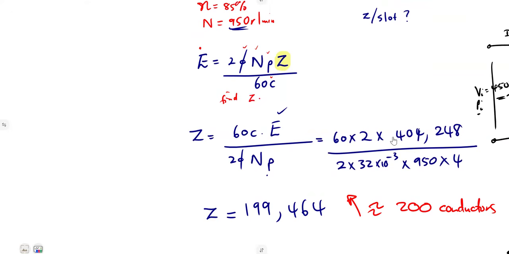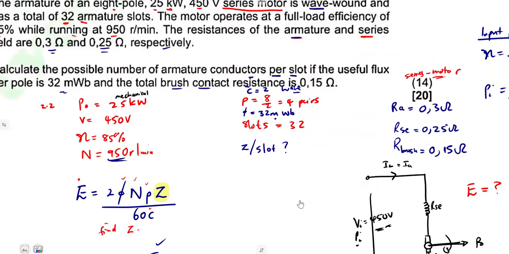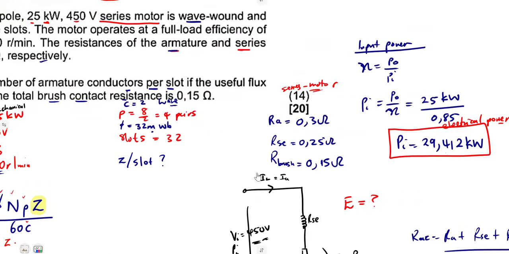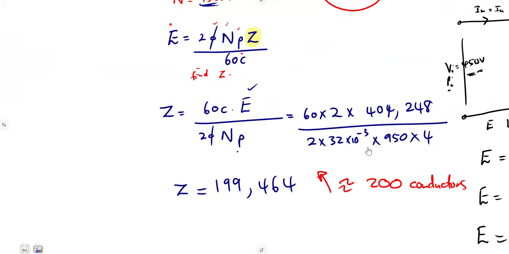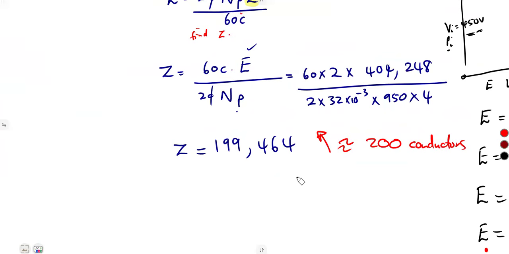Is it our question? No. The question is we must find the number of these armature conductors per slot, for 32 slots. Given the number of slots that there are, 32 slots.